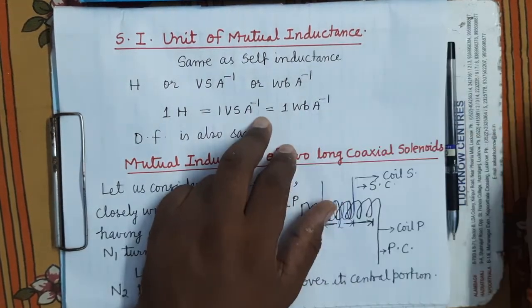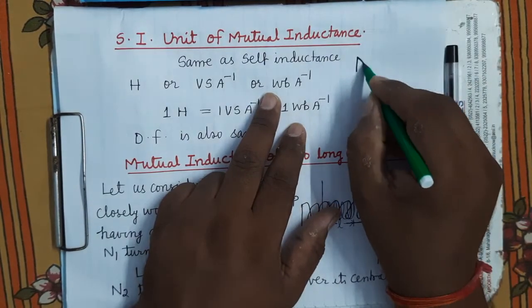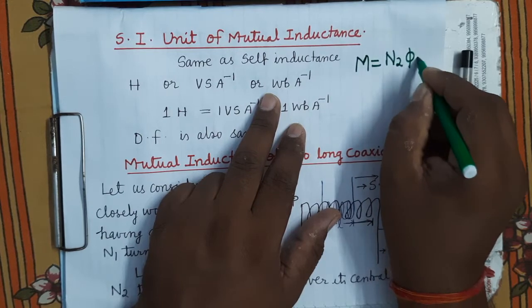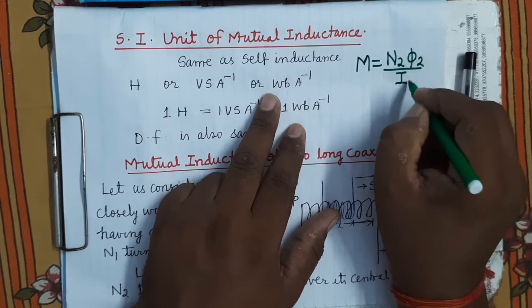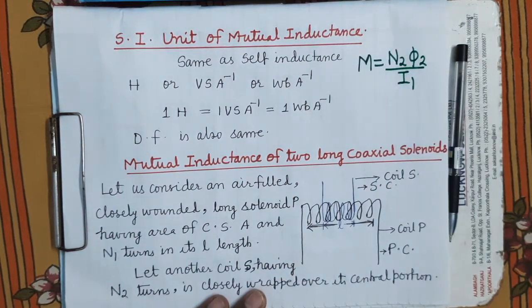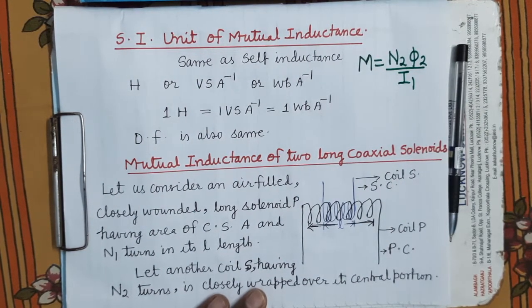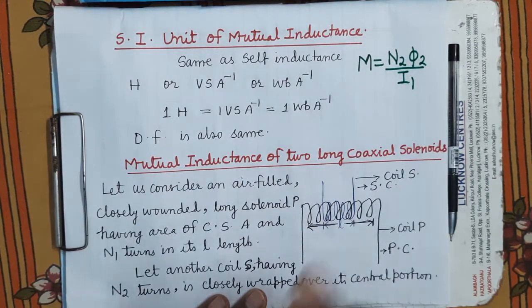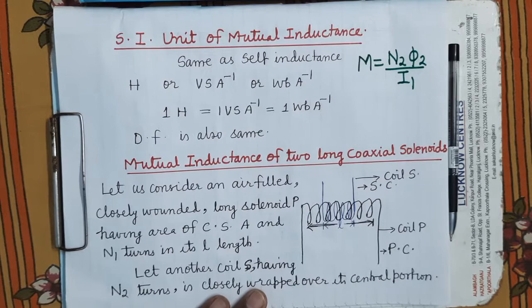You can see here, just now you have seen one relation, M equals N2 phi 2 upon I1. What is N2 phi 2? It is the total magnetic flux linkage through the secondary coil, which is measured in Weber. It is current in primary, so Weber per ampere. It is clear?